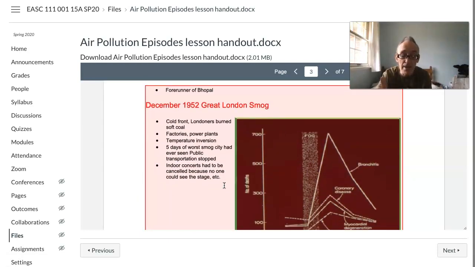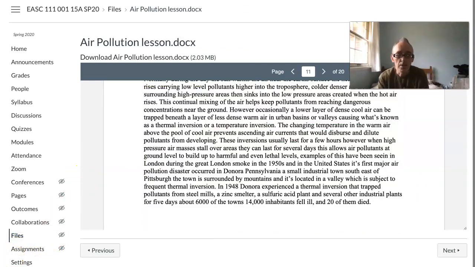This is an area that had thermal inversion. London had the Great Smog in the 1950s, where thousands of people were killed and thousands and thousands of people became sick from the air pollution.